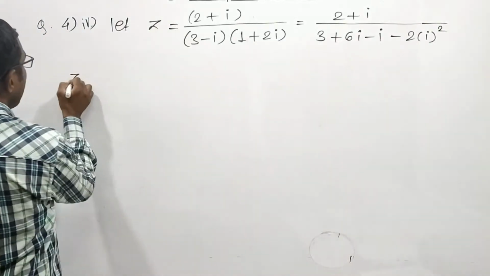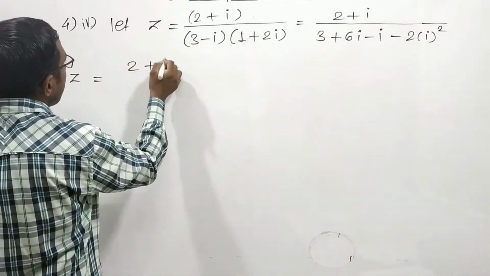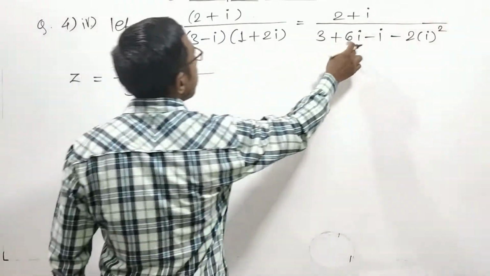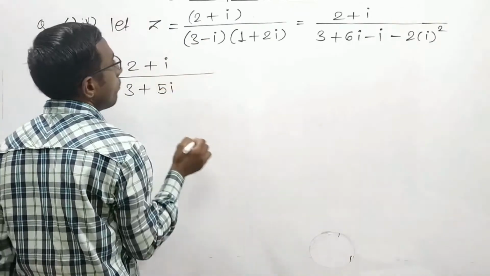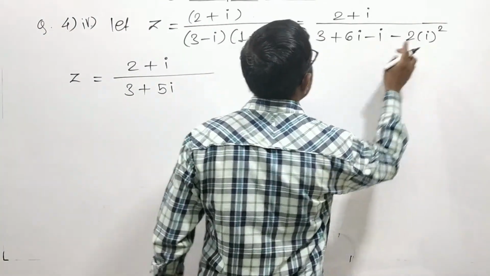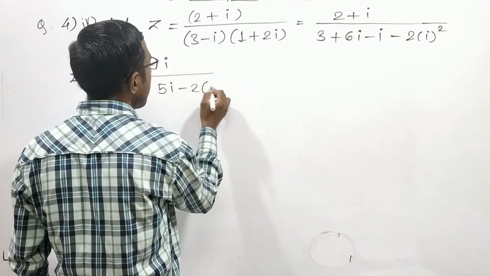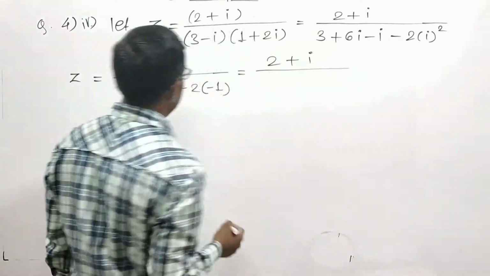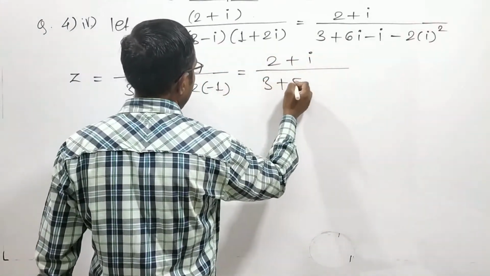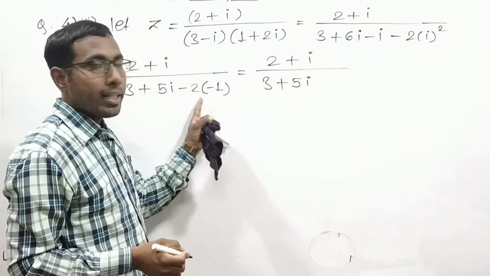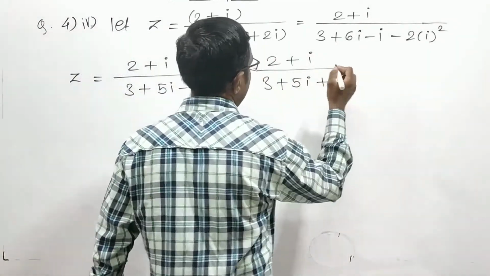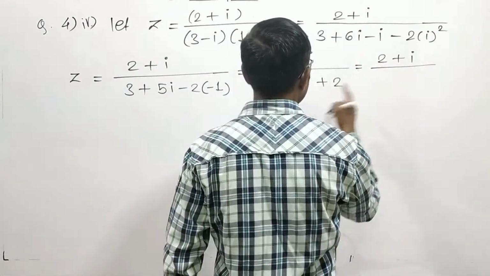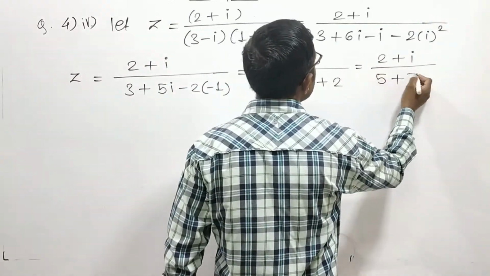So z is equal to (2 plus i) divided by (3 plus 6i minus i, which is 5i, minus 2 i square). i square is minus 1, so it is (2 plus i) divided by (3 plus 5i, and minus of minus is plus 2), so (2 plus i) divided by (5 plus 5i).